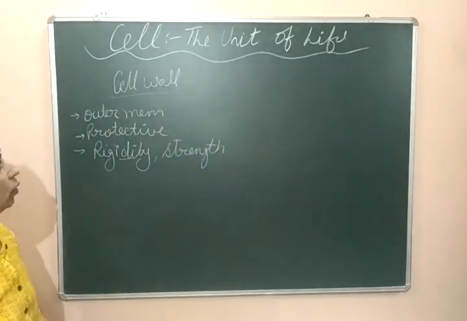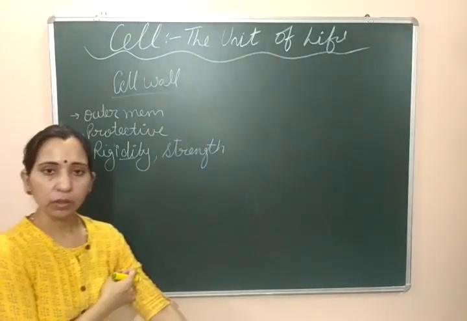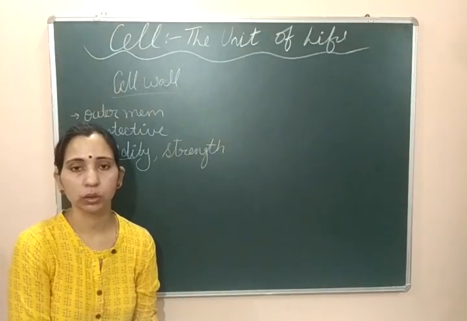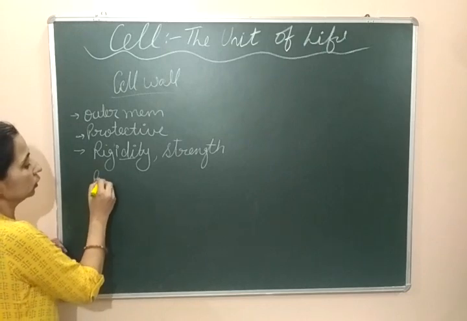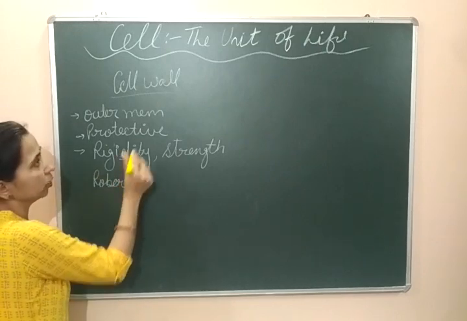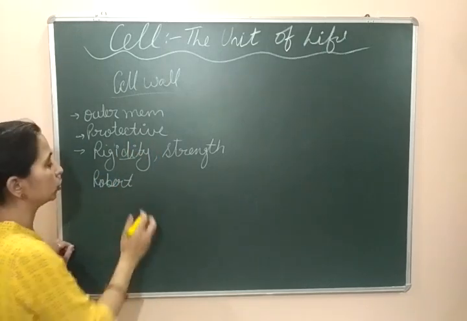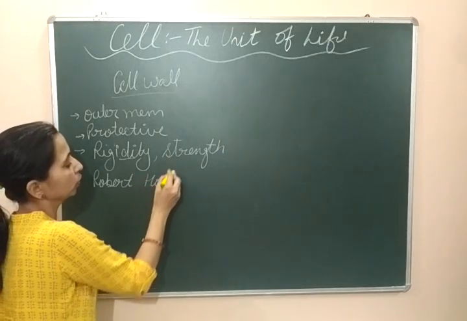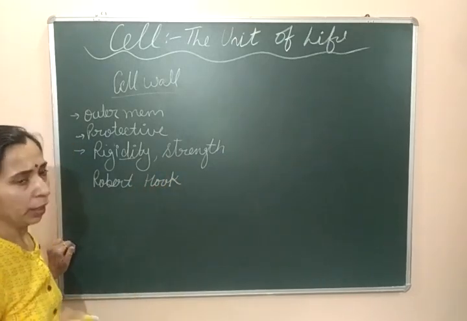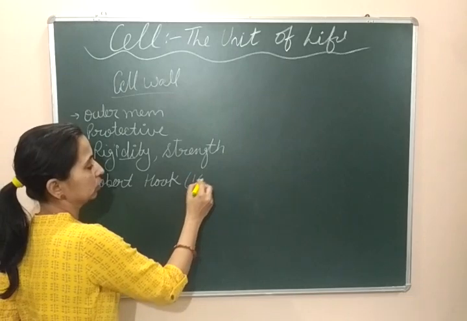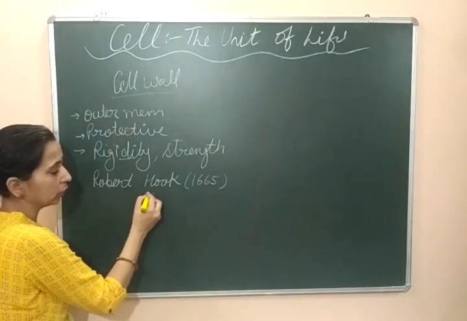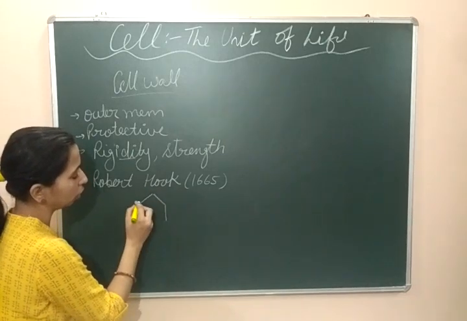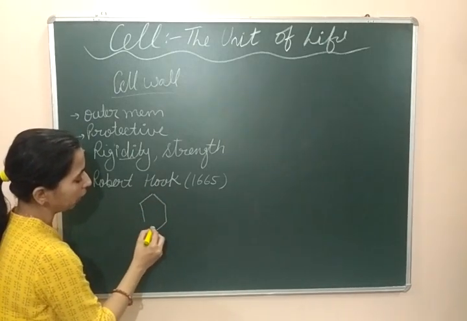And if we talk about the discovery of this cell wall, Robert Hooke, the scientist who discovered the cell, the credit for the discovery of the cell wall is also given to Robert Hooke. So we can say that Robert Hooke discovered the cell in 1665. This is the year when Robert Hooke first saw the cell. He saw the cells in the cork cell. उसने cork cell देखी थी जो कि ट्रिकअप बाग की cells थी.